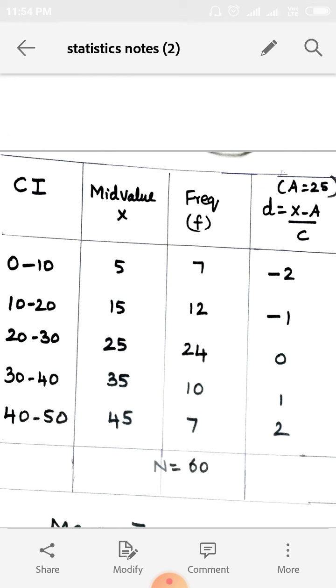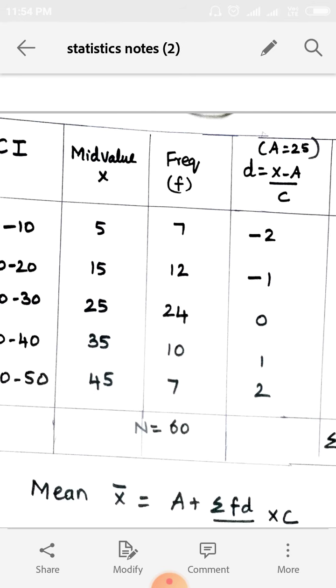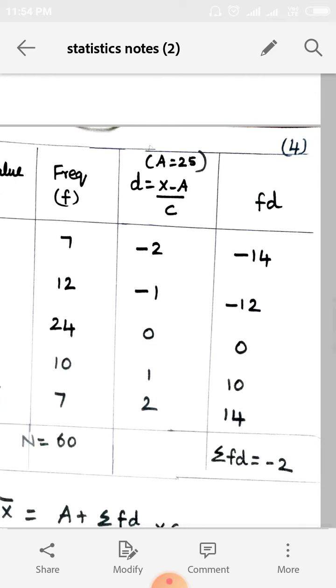In the first value, x is equal to 5. So 5 minus 25 by c, where c is the class interval. You know that the class interval is equal to 10. So 5 minus 25 by 10 we get minus 2. 15 minus 25 by 10 we get minus 1. 25 minus 25 by 10 we get 0. 35 minus 25 by 10 we get 1. 45 minus 25 by 10 we get 2. Right? Next, fd.